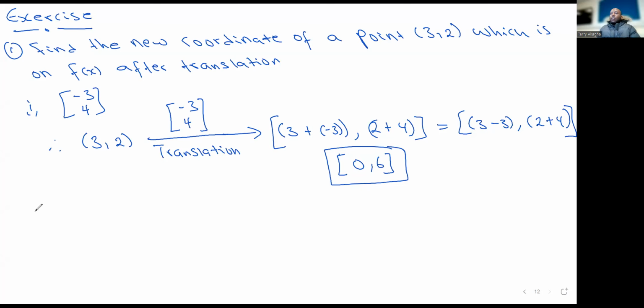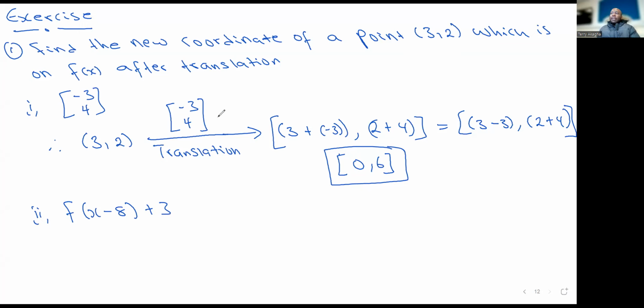All right, so let's go to another one. Part 2 says, if the translation that we had was f(x - 8) + 3, what will be the coordinates for this? In order to get the new translated form, we need to get the a and b.